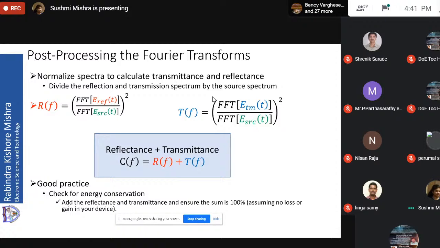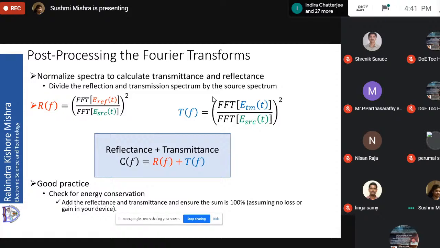Otherwise, if it is more than 1, there is some energy addition from some source, which is not possible. Conservation of energy is violated. If it is less than 1, then energy is dissipated. So don't do that. It is always good practice that once you complete your programming, check whether energy is being conserved or not.